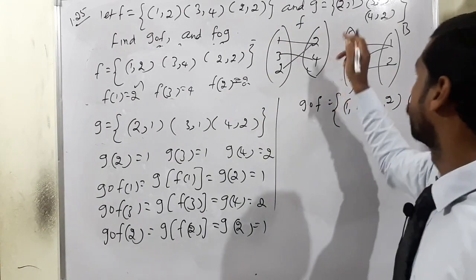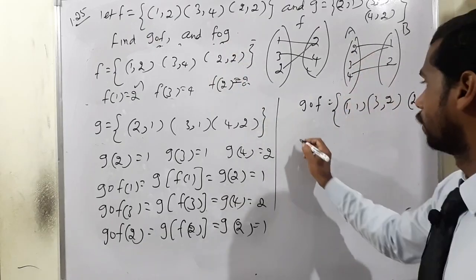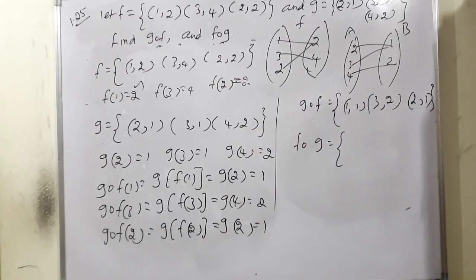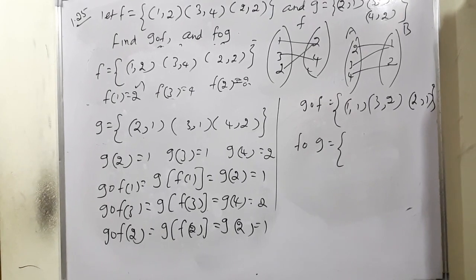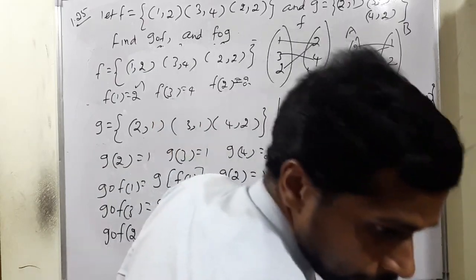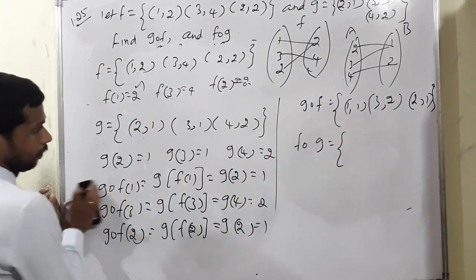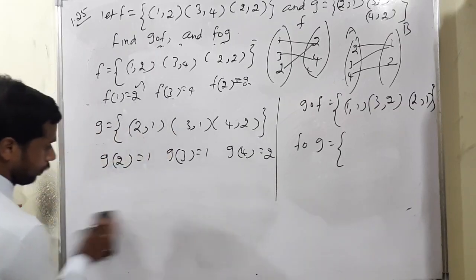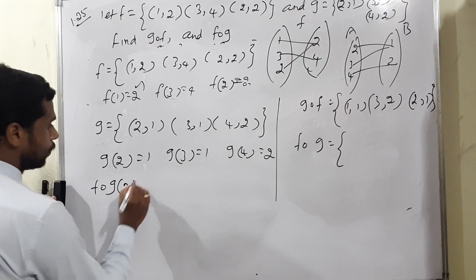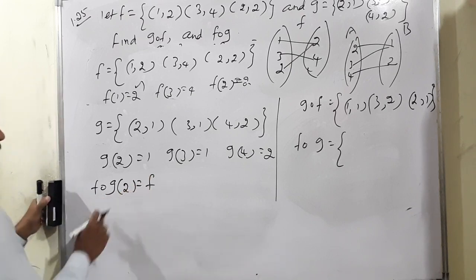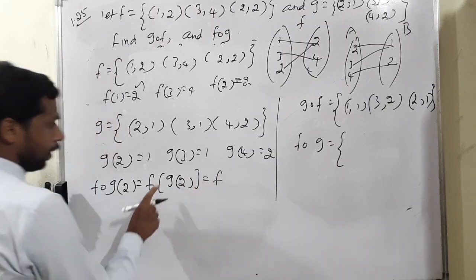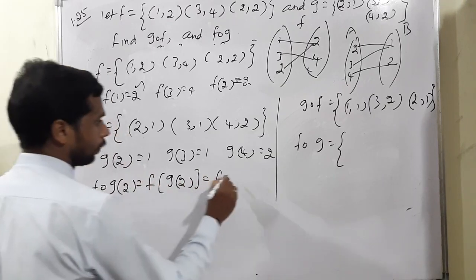This is the first pair. Okay, I am moving to the second case, f dot g. Again f dot g, what output will come? f dot g of first number 2, g of 2. Therefore this is how to make it f of g of x. So f of g of 2 is equal to what output? 1.